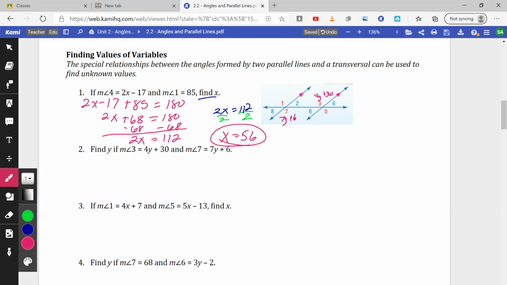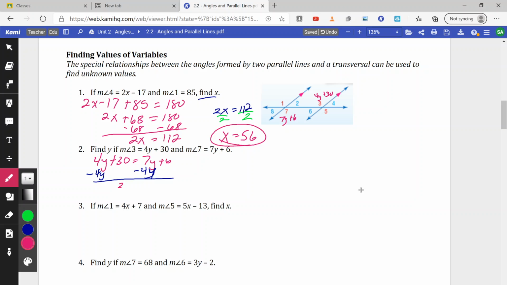Again, they are going to be congruent, so I just set these equal to each other. 4y plus 30 is equal to 7y plus 6. And I'm going to solve for y. It's always easier to move the smaller variable over. So between 4 and 7, 4 is smaller. So 4y, we'll subtract 4y.